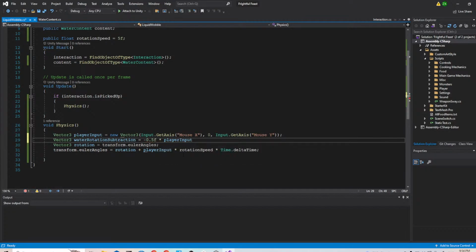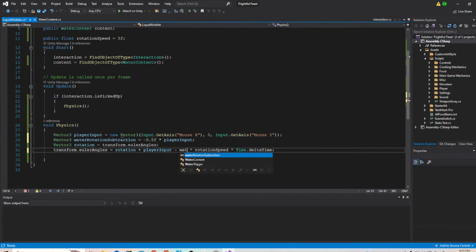F. Yep. Times player input and minus... Oh, this is kind of messy, no cap. Water rotation.